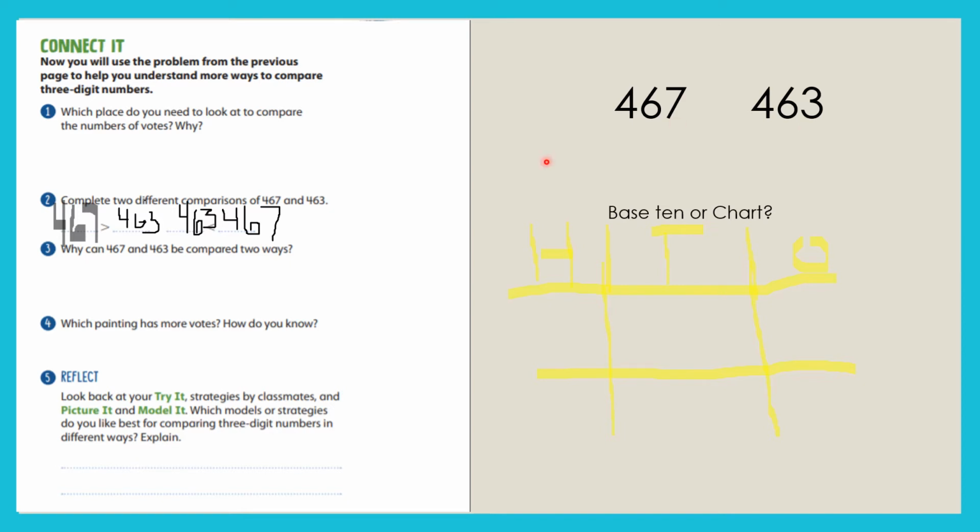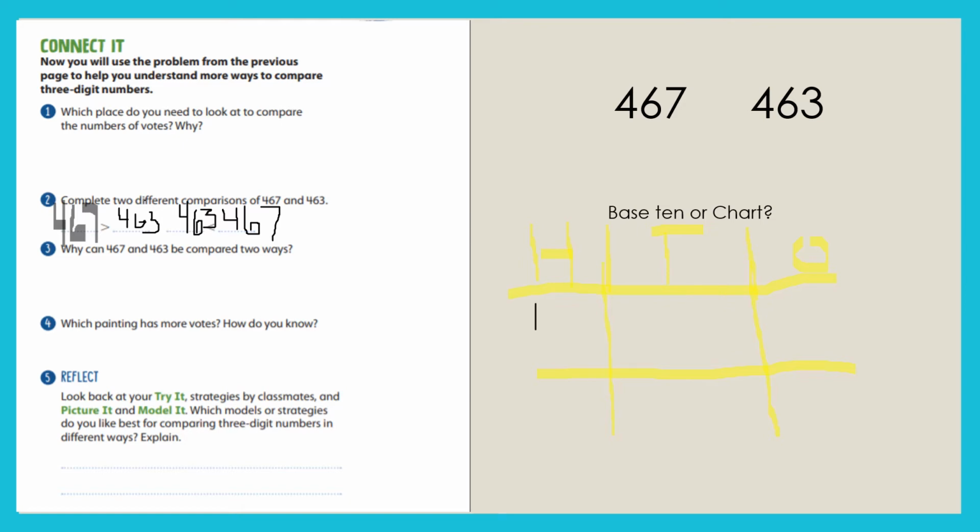Now it asks us to reflect and look back, and which model was easier for you to use? Now, speaking for myself personally, I like using the chart better than the base 10 blocks, because the base 10 blocks take a long time to draw. But drawing this chart and filling the chart in takes just a matter of maybe 30 seconds. If I drew this chart, it took me 5 seconds to draw it.